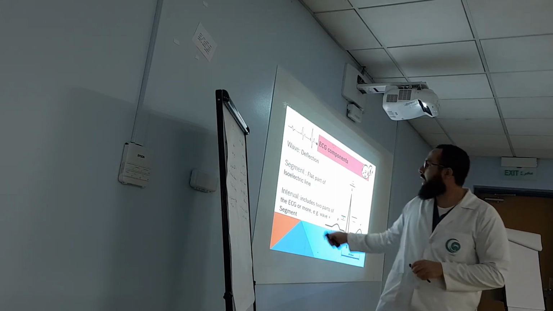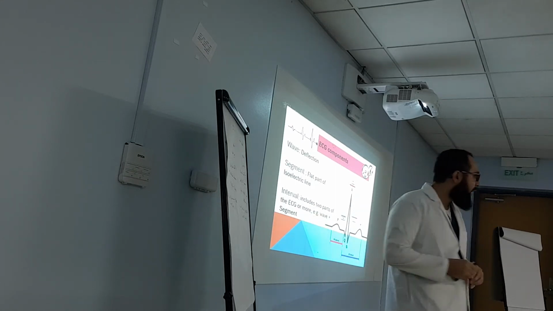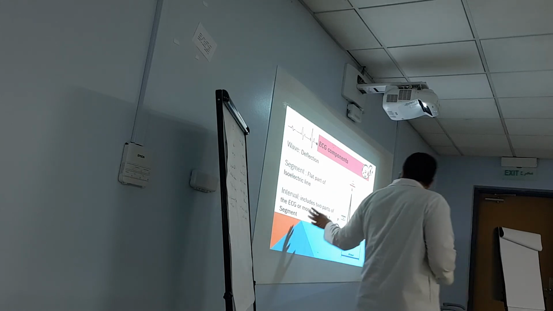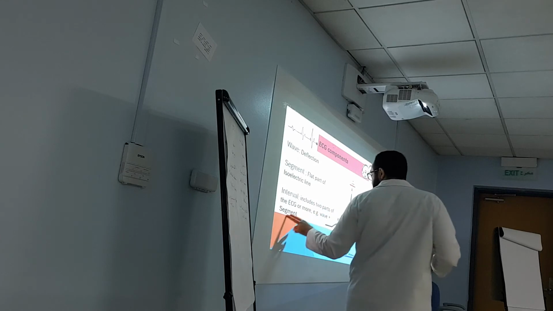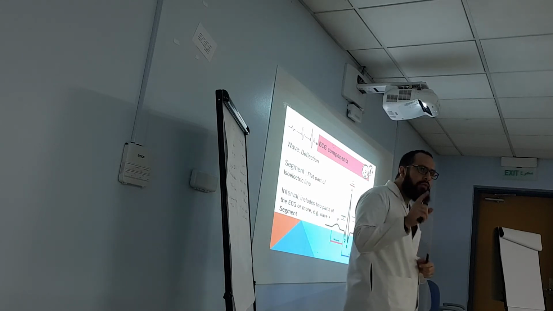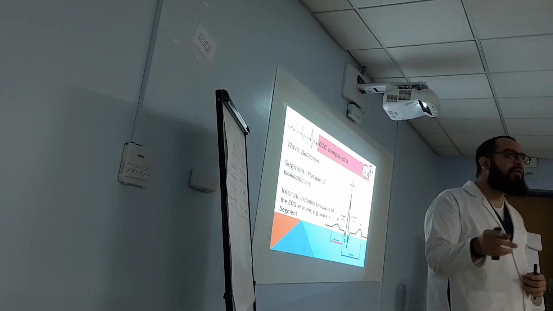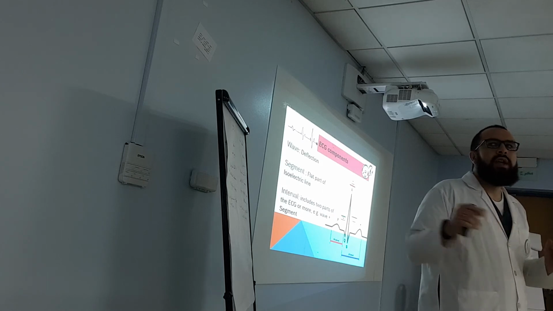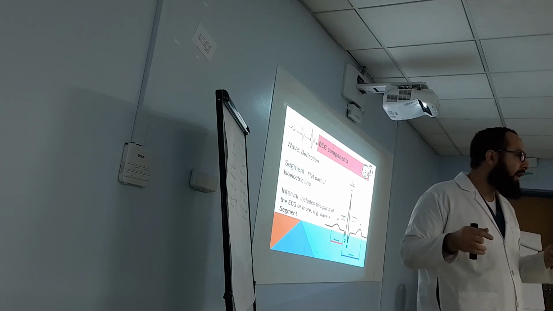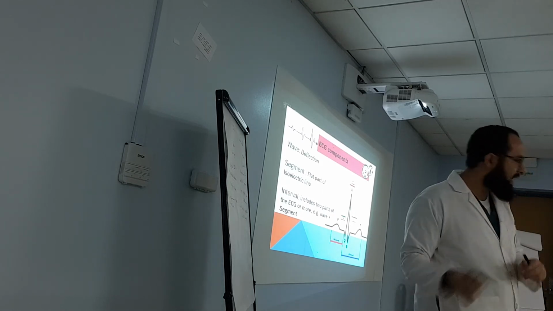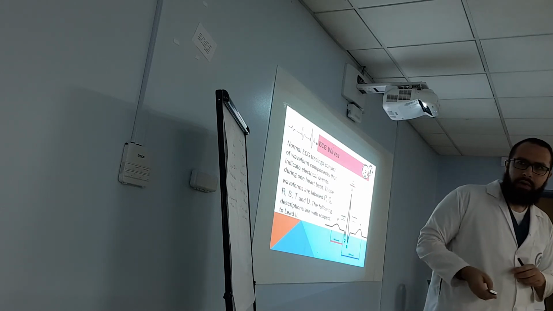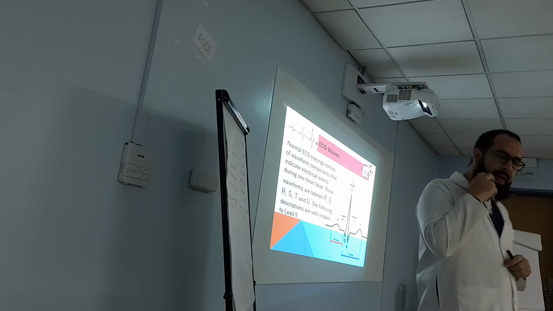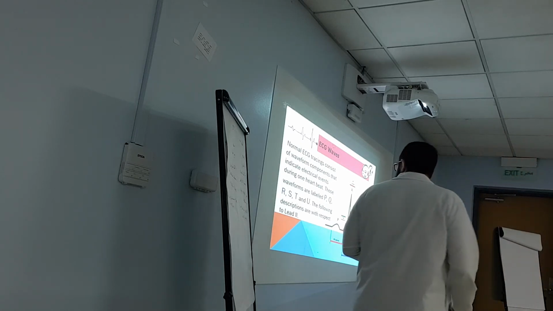Another thing is the interval. An interval includes two parts of the ECG or more, a wave and a segment. It can be one wave and one segment, or two waves and one segment. So an interval includes a wave and a segment, at least. So these are three terminologies you learned now.